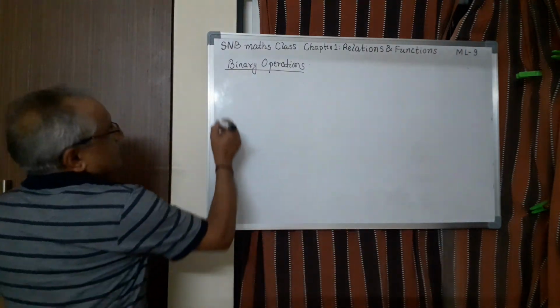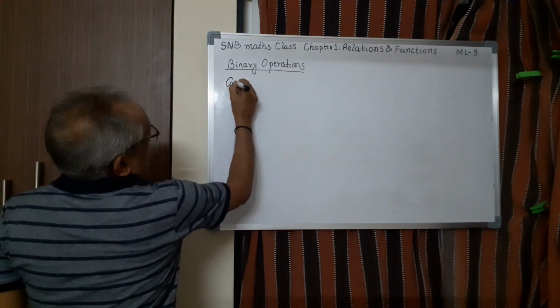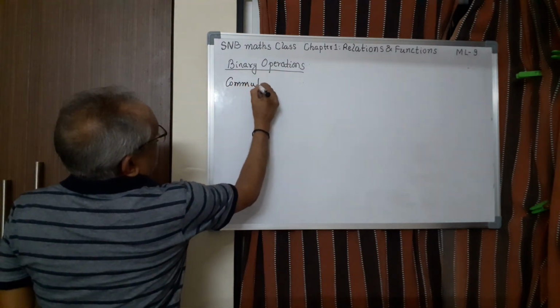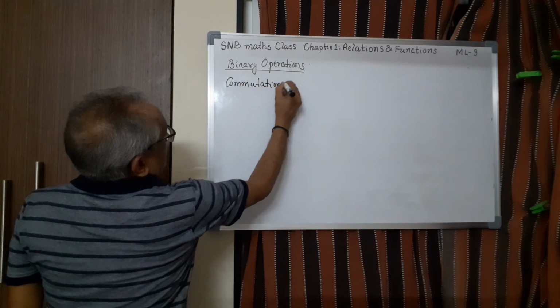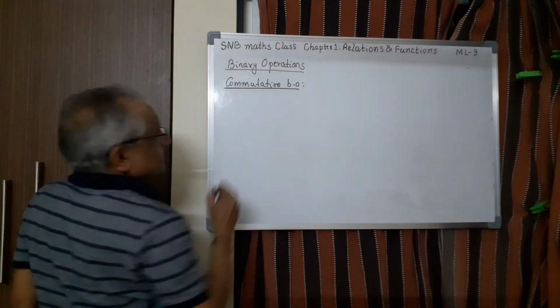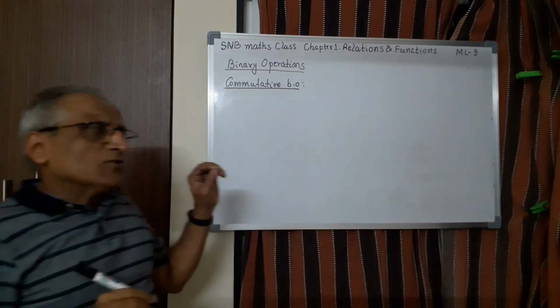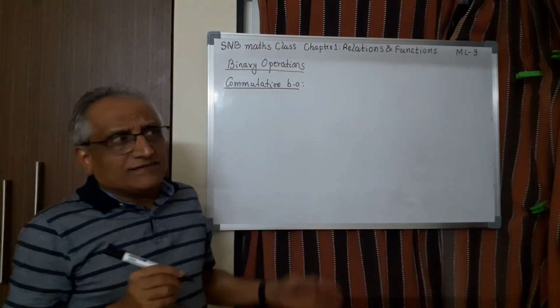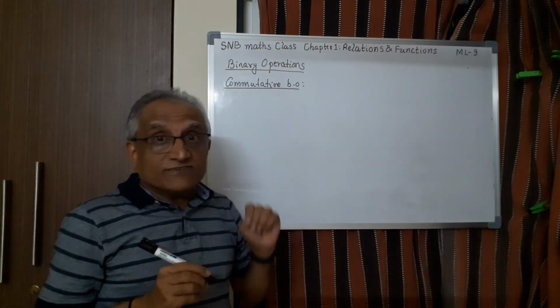So let us take first the commutative binary operation. What is the meaning of commutative binary operation? Commutative law we have studied in addition, multiplication, etc., in the case of the set of reals.